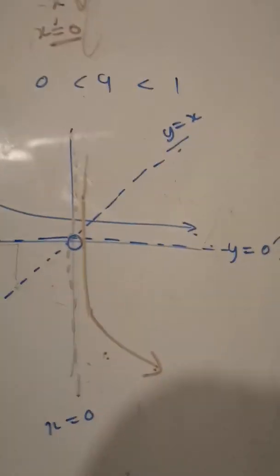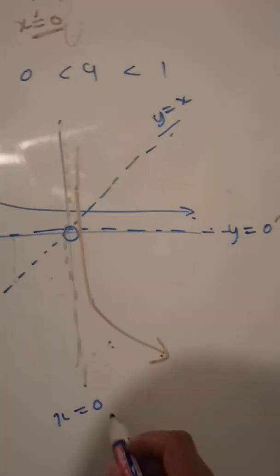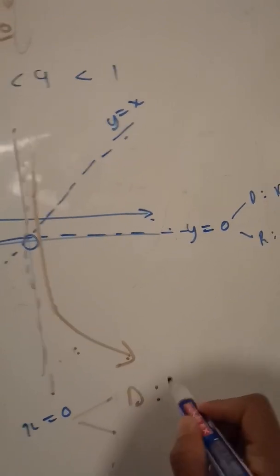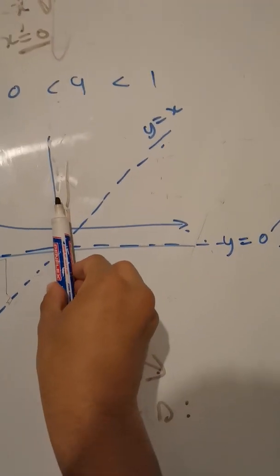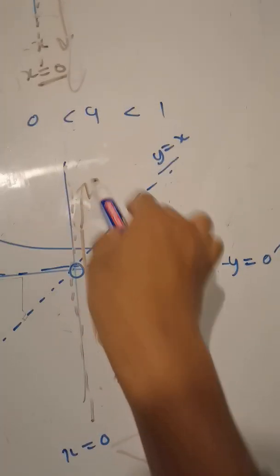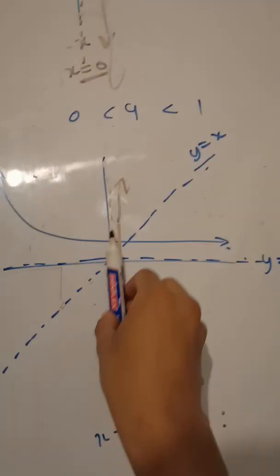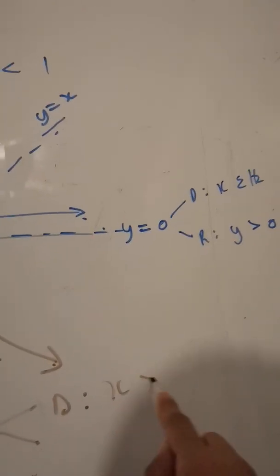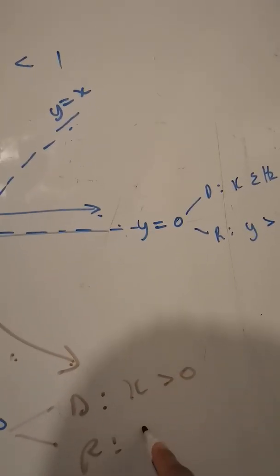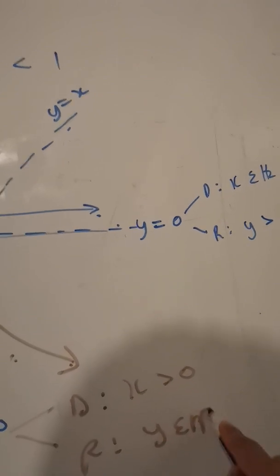Then for the inverse, the domain is all the x values for the inverse; the inverse lies only after the 0 mark. So therefore x is more than 0 and the range is y as an element of real numbers.